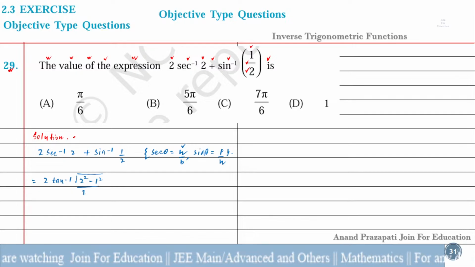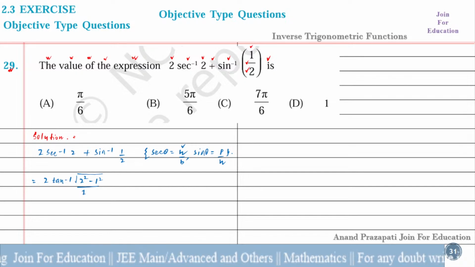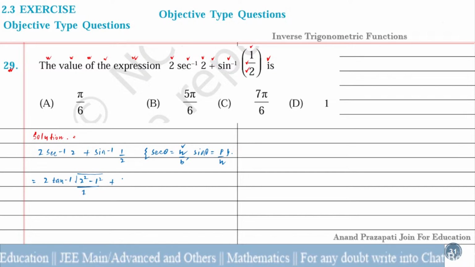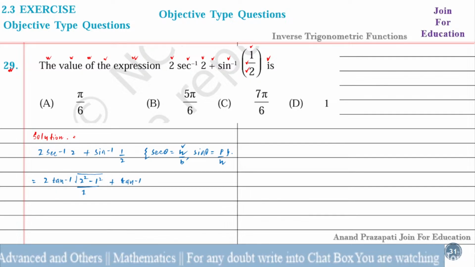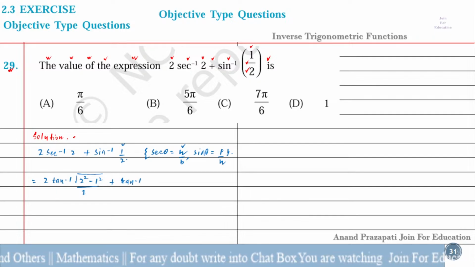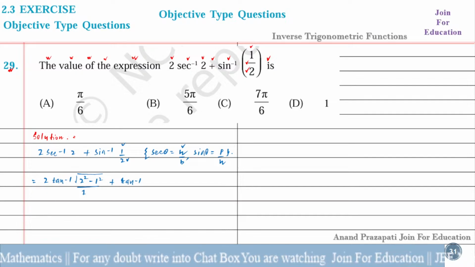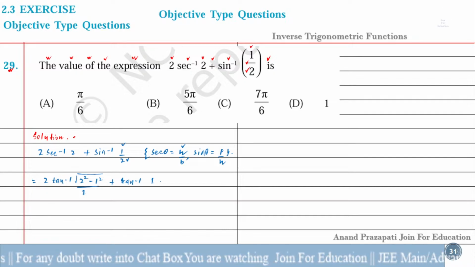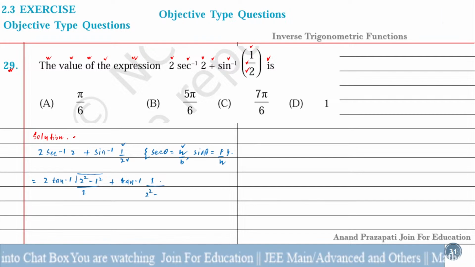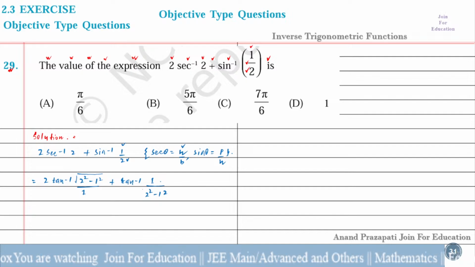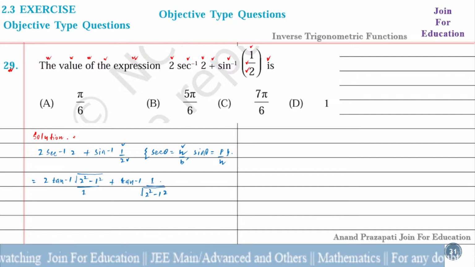After there is no problem to understand up to this step plus we write down here tan inverse. This is the p and this is the h. So we write down here p by b. So 1 by and b will be 2 square minus 1 square over root.